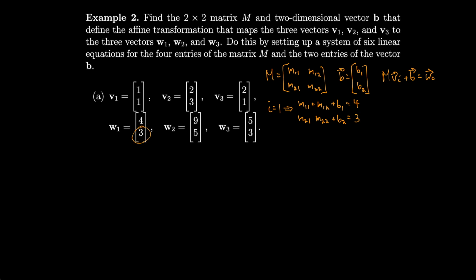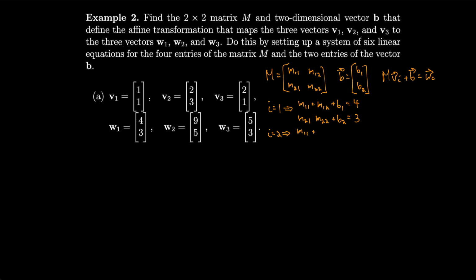Right? We also have, for i equals 2, M11 plus, well, actually, there's a coefficient, right? Because we have to multiply by each of the v's. For the first set, we had 1, 1, so that made it pretty easy because each of these was 1.